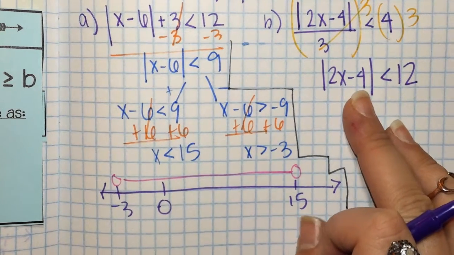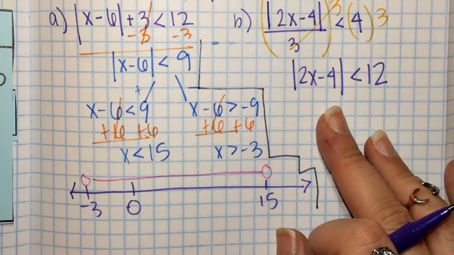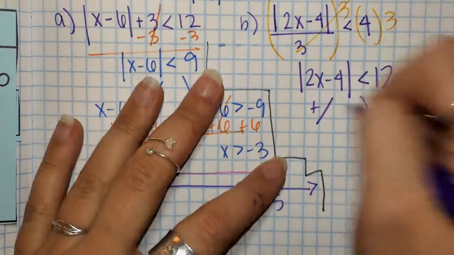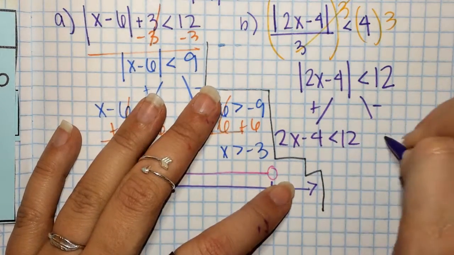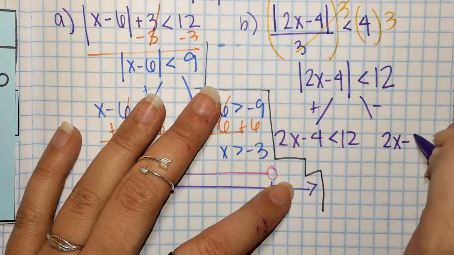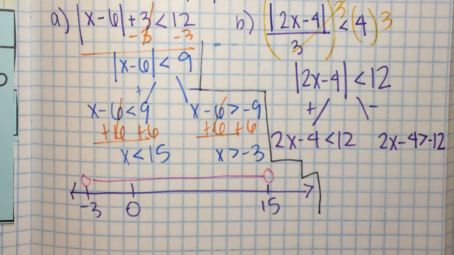Now that we've isolated the absolute value, what do we do? Positive and negative. Break it down. So that's 2x minus 4 is less than 12, and 2x minus 4 is greater than negative 12.